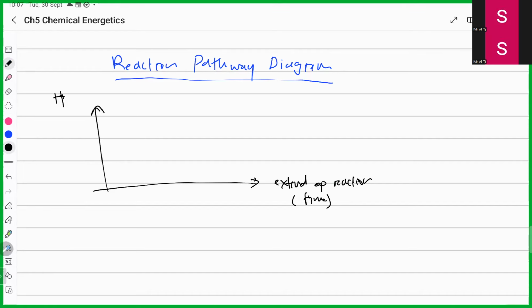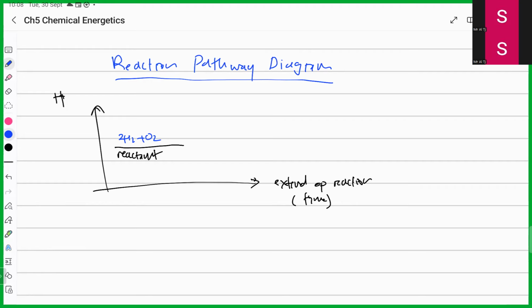Now, in the simplest reaction pathway diagram, we are going to start with a line that is depicting the reactant. For example, we can name them hydrogen plus oxygen, and we're going to make them into water.